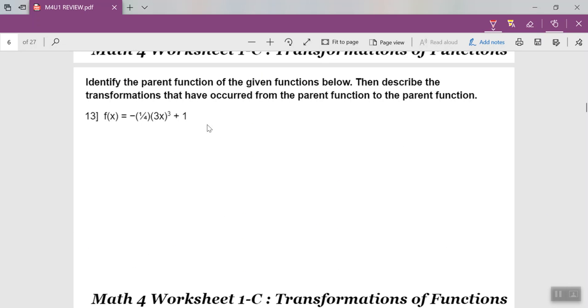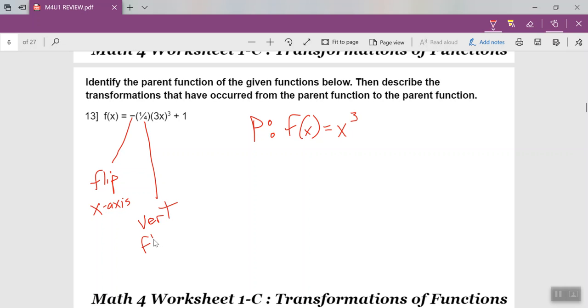Okay, the parent function here is x cubed. And that negative means that we're going to flip on the x-axis. That 1/4 means that we are going to vertically flatten by a factor of 1/4.